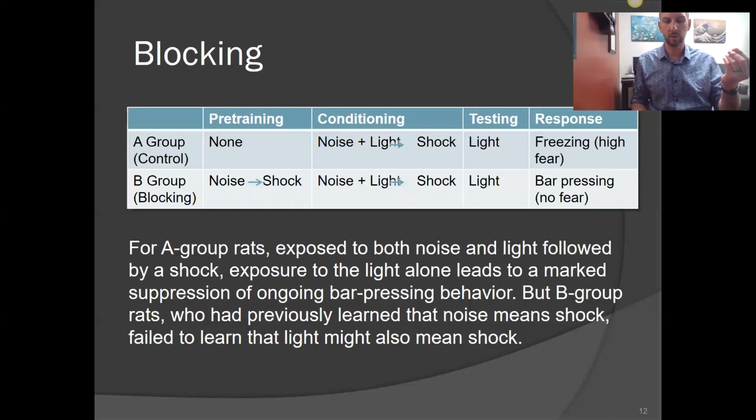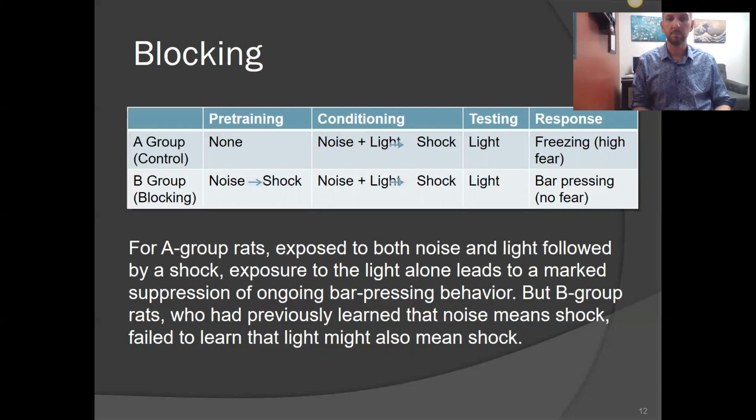So in that group, they have a buzzer go off and a light turn on at the same time. So the buzzer and the light come on, and then a shock comes a half second later. Okay, so that's the control group. That's the normal classical conditioning. That's pretty standard.